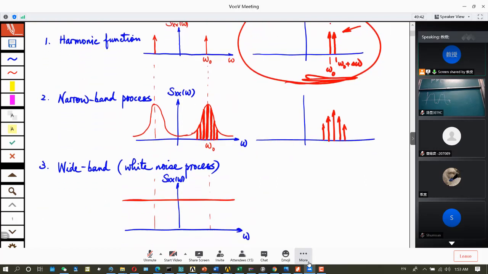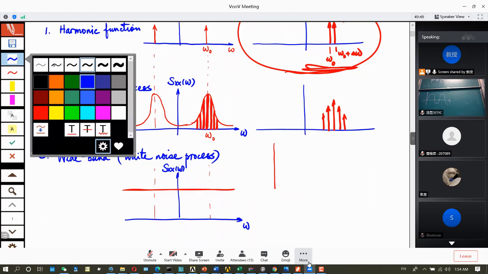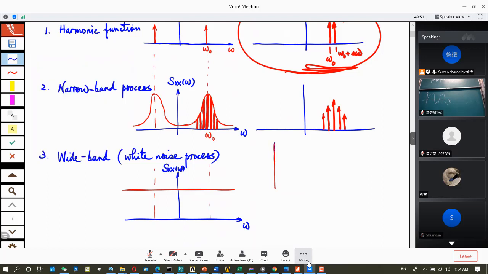So for narrowband process, we have an envelope, okay? Because now it has a few frequency components.